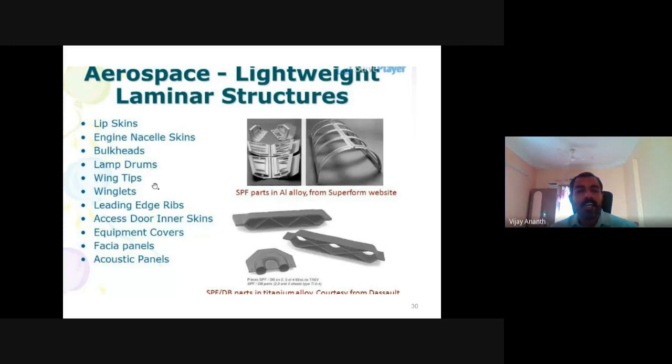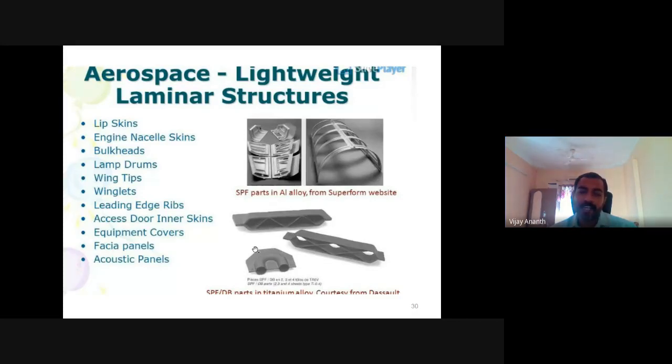Lid skins, bulkheads, lamp drums are all made with superplastic forming. Access door inner skin: these door inner skins are already very much used in automobile industries also. The equipment covers and acoustic panels are also made this way. These are all components made with the superplastic forming process.